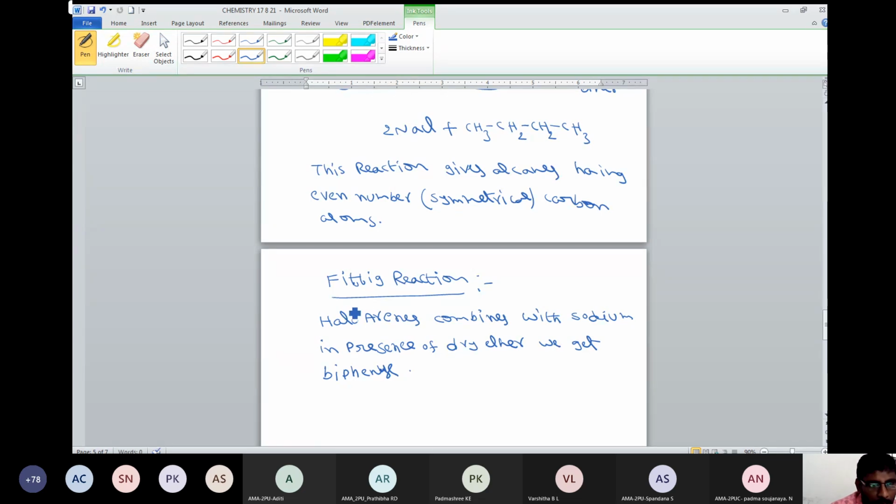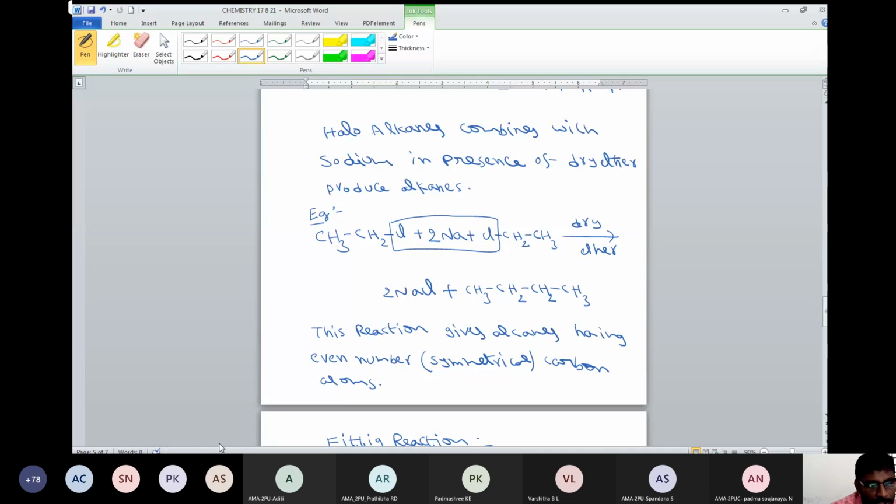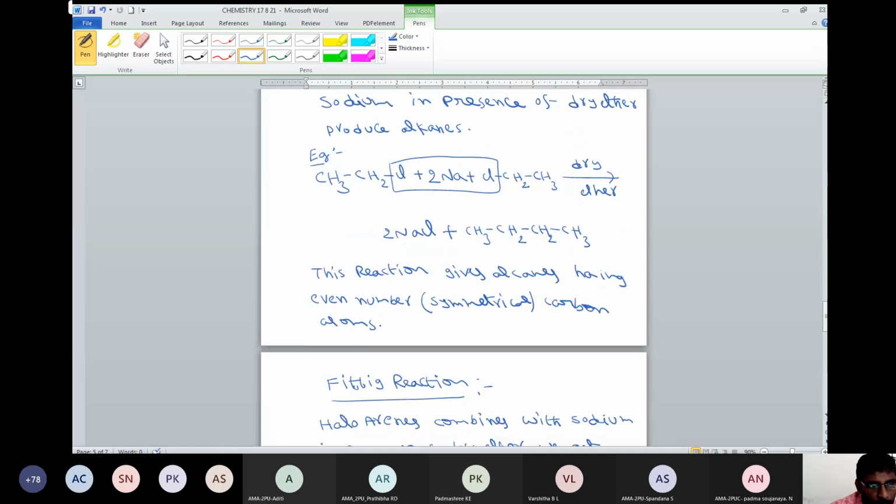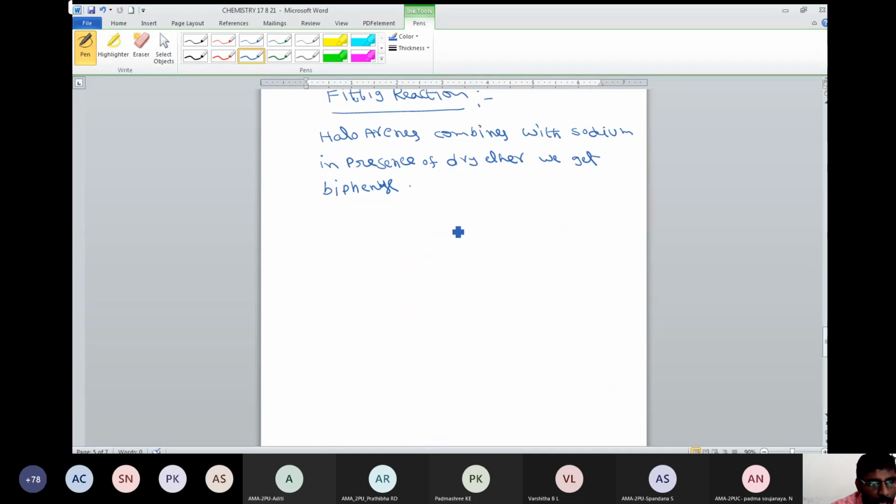What is Wood's reaction? Haloalkanes combining with sodium is Wood's reaction. In place of haloalkanes, if we use haloarenes, haloarenes means benzene has a halogen. So this is a haloarene.